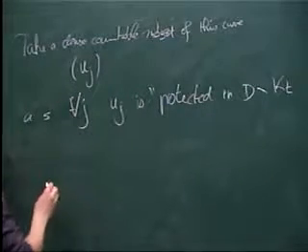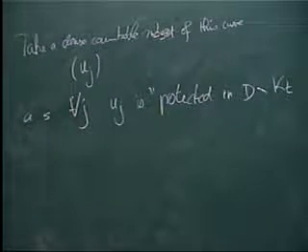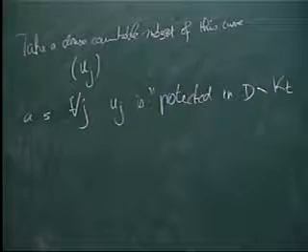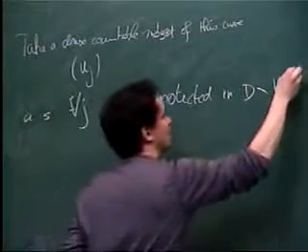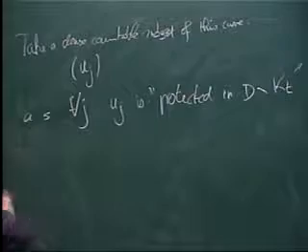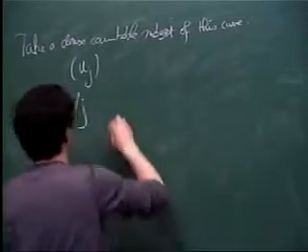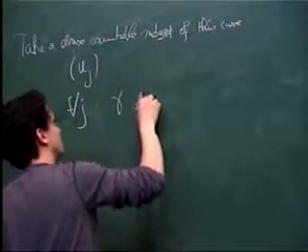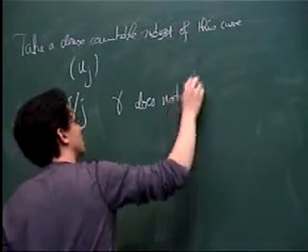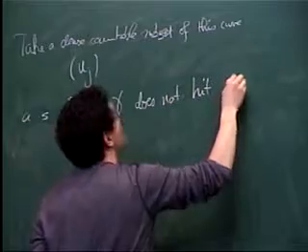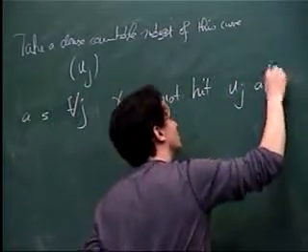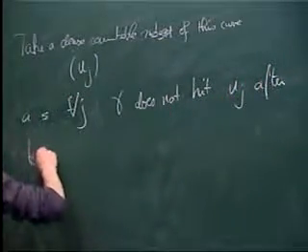In the discrete case, okay, let me put it this way: for any j, gamma does not hit u_j after time q.